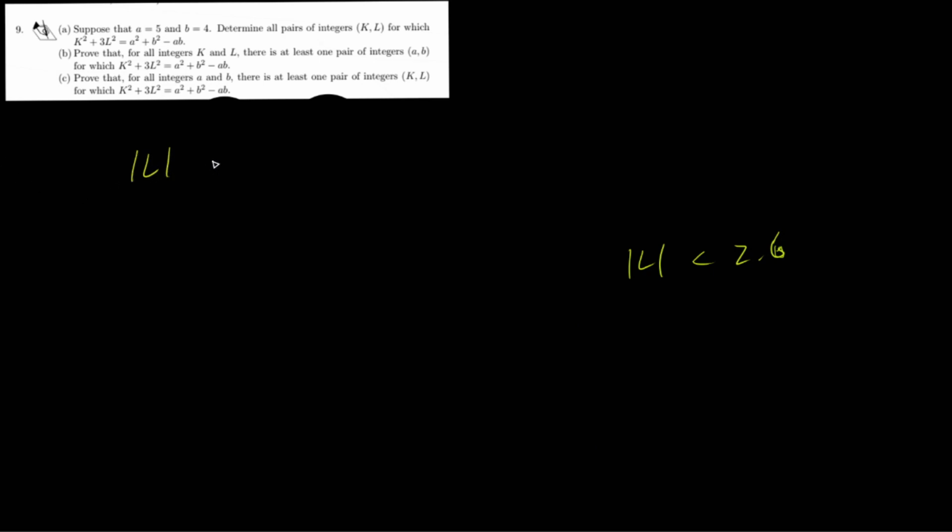So the absolute value of L is less than 2.6, and if L works, then negative L also works. So let's just brute force this problem. Suppose that L equals 0. Then K squared would equal 21, which has no integer solutions, so this doesn't work.